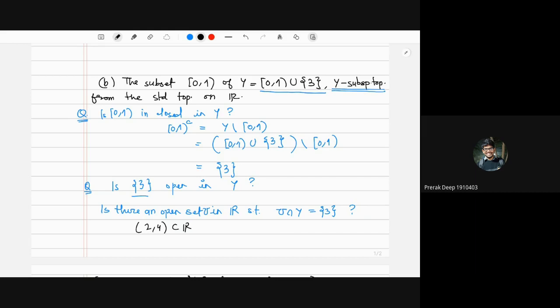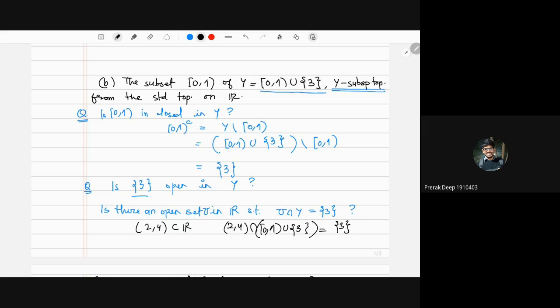Okay, so where I was. This interval (2, 4) is an open interval in R. If you intersect this interval with Y, now what is your Y? Y is this space. If you intersect, you can clearly see that the only intersected part is the singleton {3}.